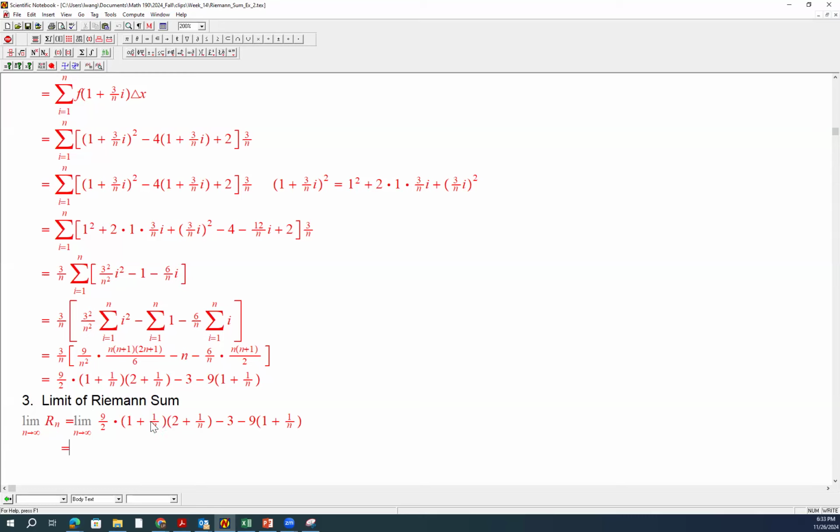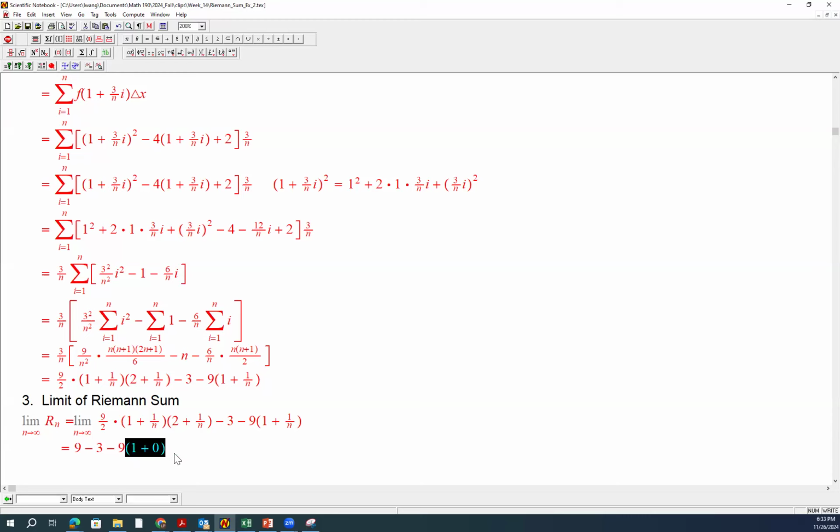Every piece involving n, the limit exists. So in the end, after we take the limit as n approaches infinity, this is going to be 0, 0, 0. So this whole piece is 2 times 9 over 2. So this whole piece is 9.